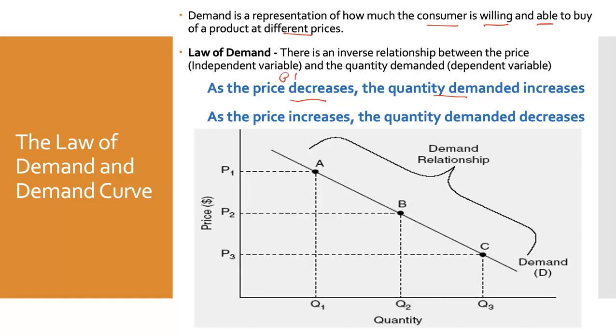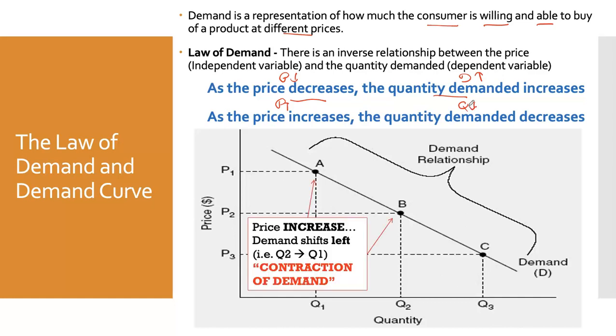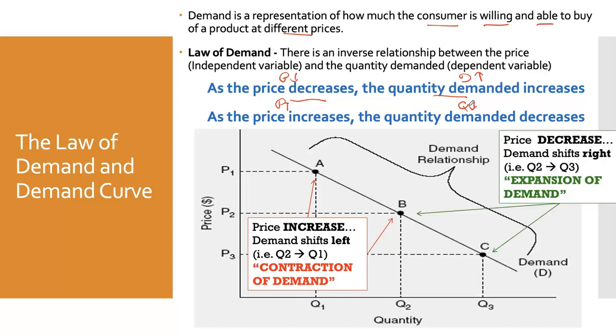So as price goes down, demand goes up. And as price increases, quantity demanded goes down. And if this is a movement along the curve, we are going to have a contraction of demand if price increases, and an expansion of demand if price decreases.